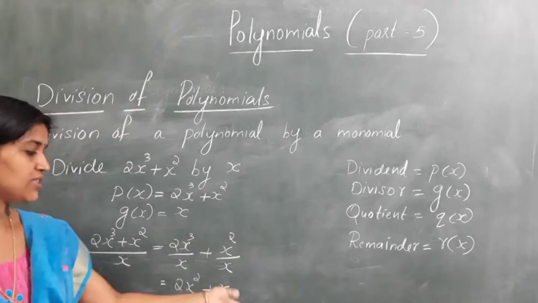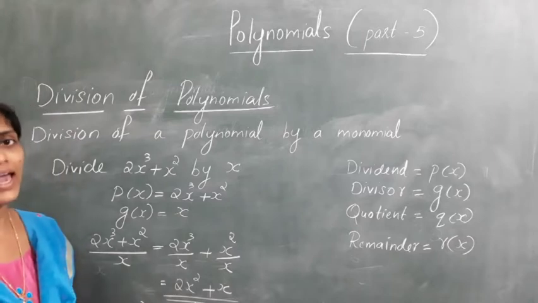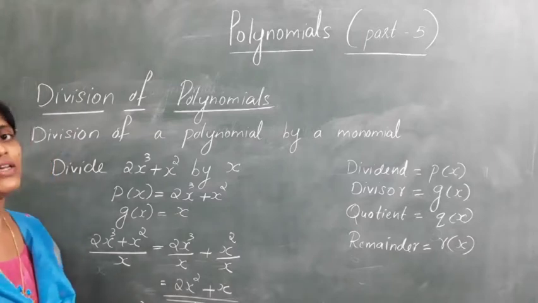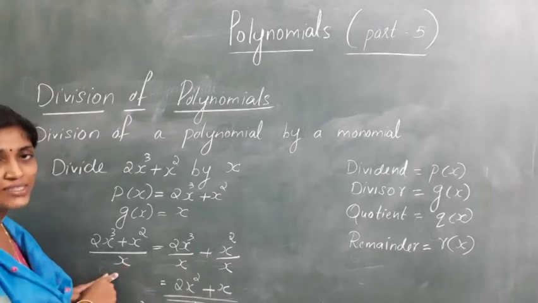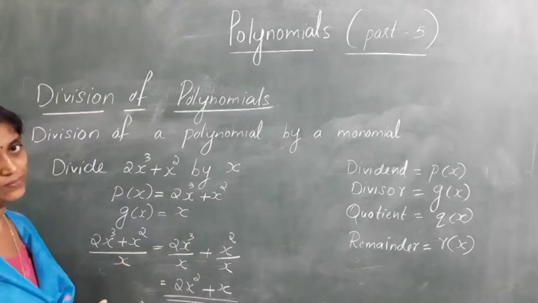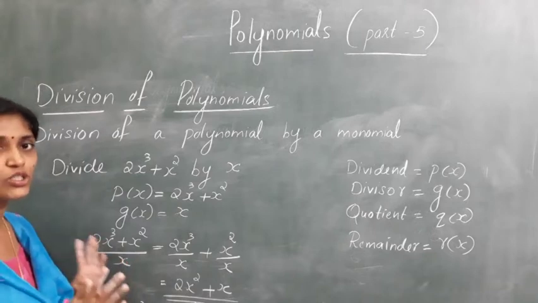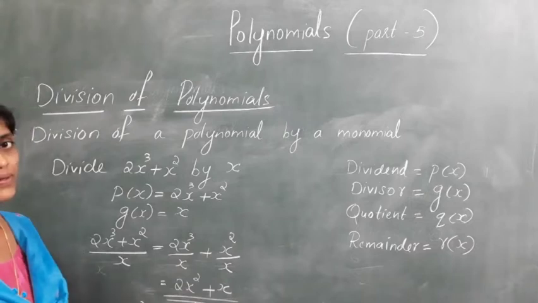Okay, here since we don't get any remainder, and we studied that if there is no remainder, x is a factor of this polynomial 2x cubed plus x squared. Here the remainder is 0. We are not getting any balance. We will see a problem where we get a remainder.